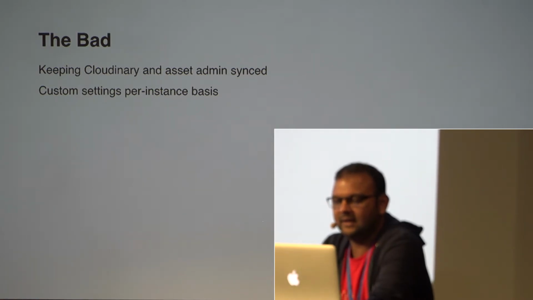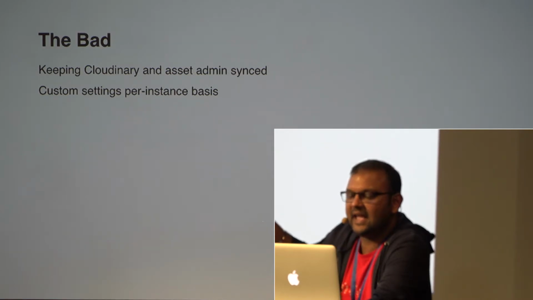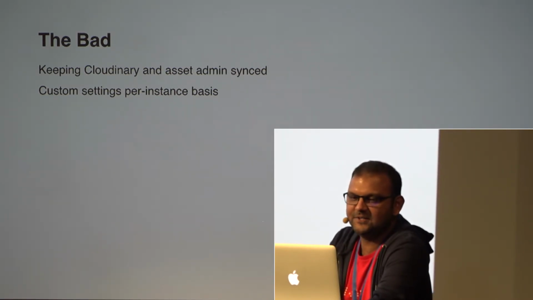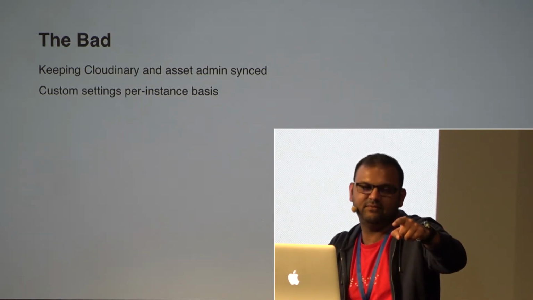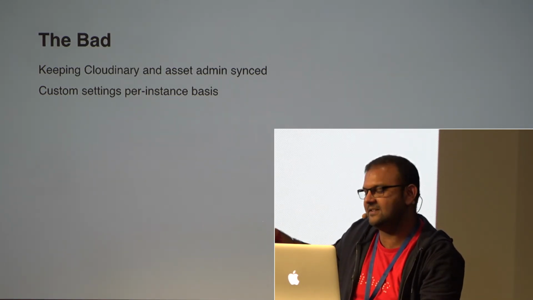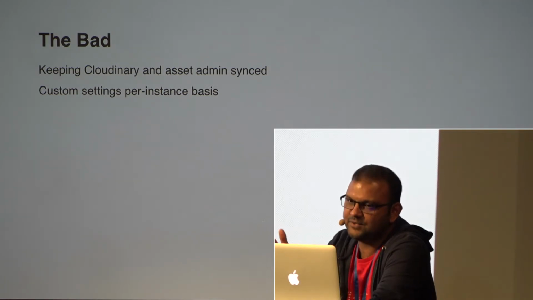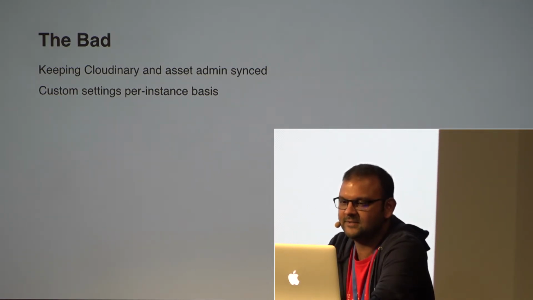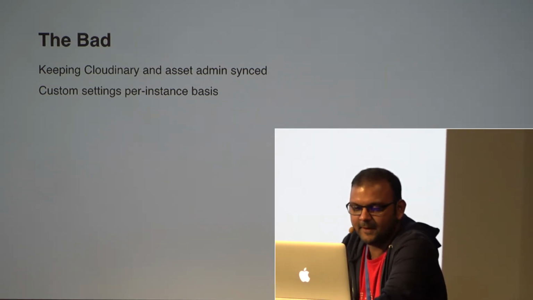So the same flower image that we used can be used in loads of different places on the website, but you could say I want the image in this place to have this focal point, and I want this image over here to have a different focal point. And that also helps with providing things like captions and credits as well, because you might want different alt tags or whatever in different places.